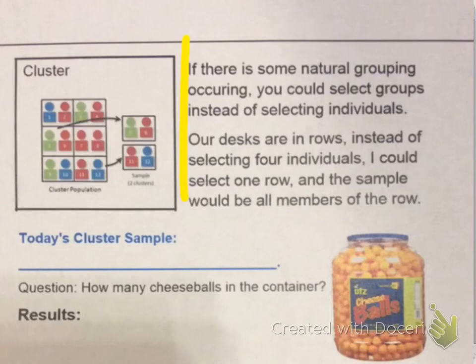So today's cluster sample, I could say, I'm going to select the first row of tables to participate in this. And maybe I could ask them how many cheese balls they thought were in this container right here. So again, I'm only going to select a cluster of the people in the group today, or a part of the classroom according to some cluster they're already grouped into.